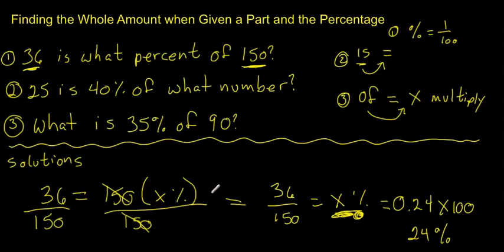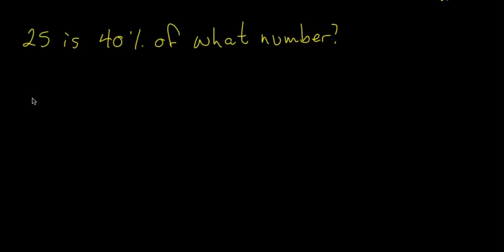Right, so we'll just work on the next one here. 25 is 40% of what number? Okay, so again, we're going to do the straight translation. So 25 is 40% of what number?